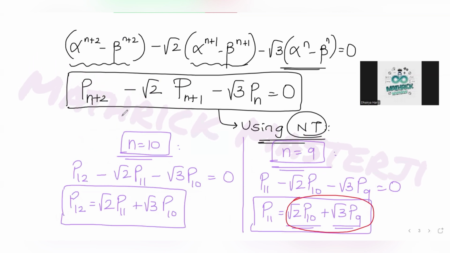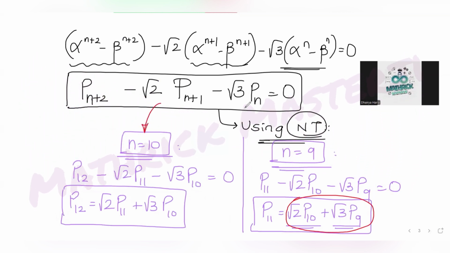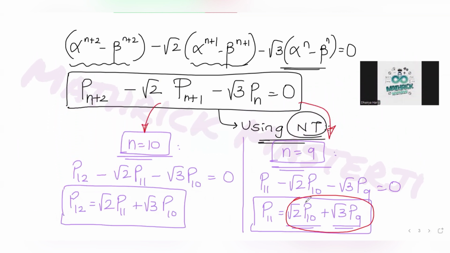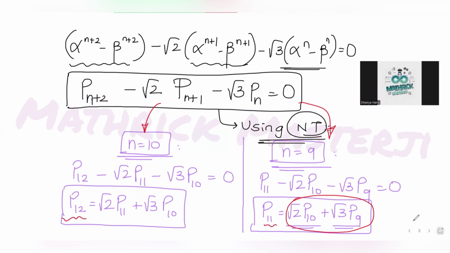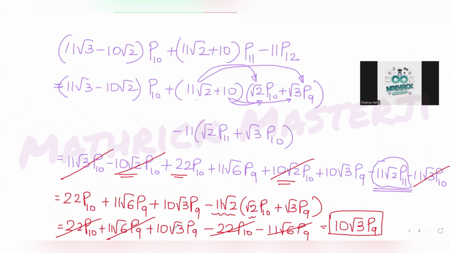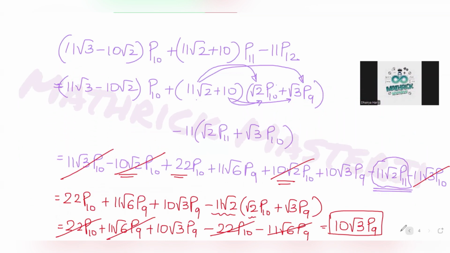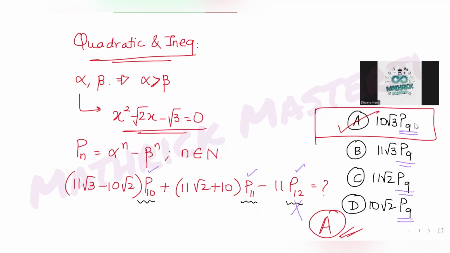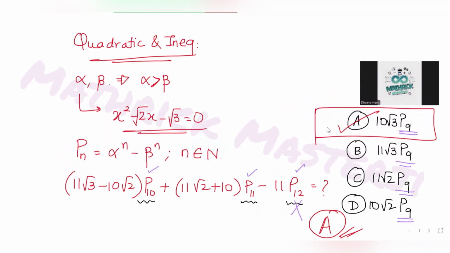Once I got Newton's theorem, I just put n as 10 and n as 9. So I got the conversions of P12 and P11 in terms of P10 and P9. Then everything got cancelled, only one term is left, and that one term leads me to answer choice A being the correct answer. I hope you have understood this.